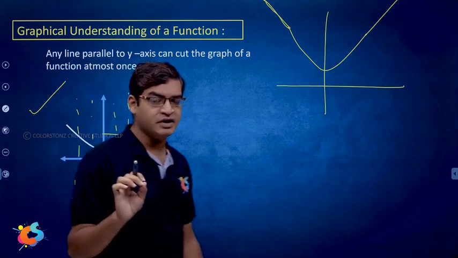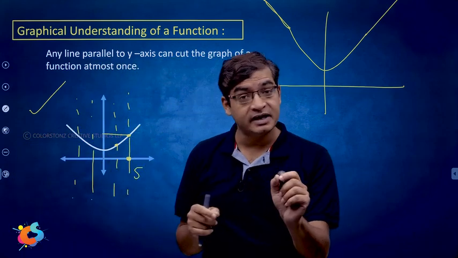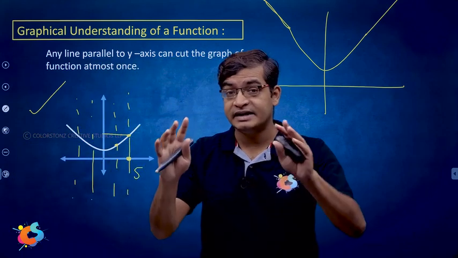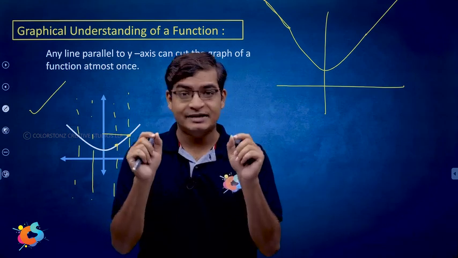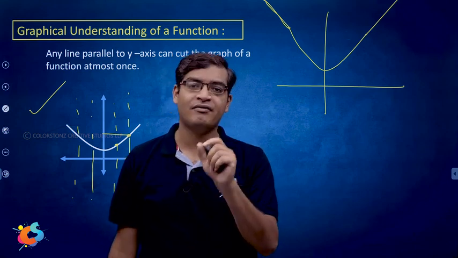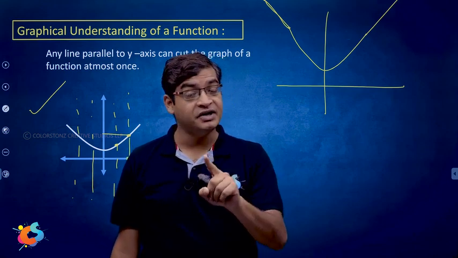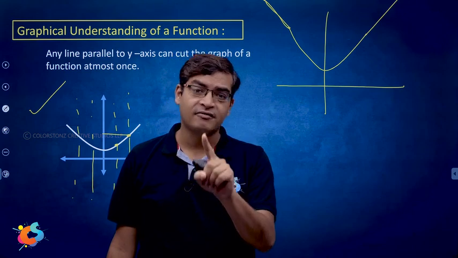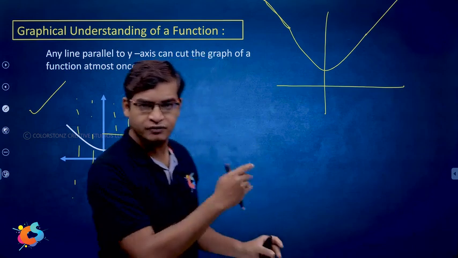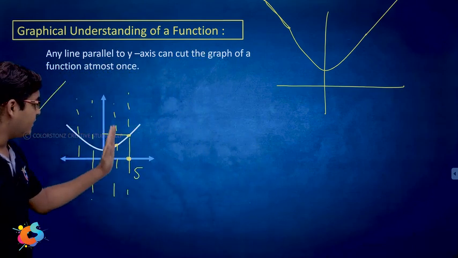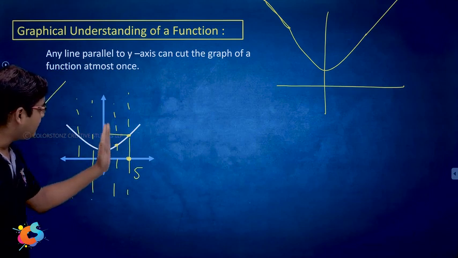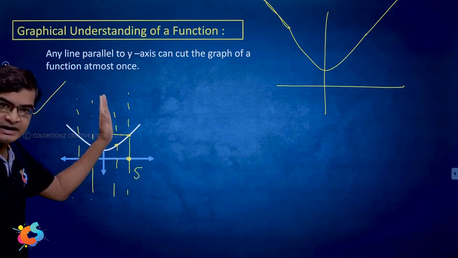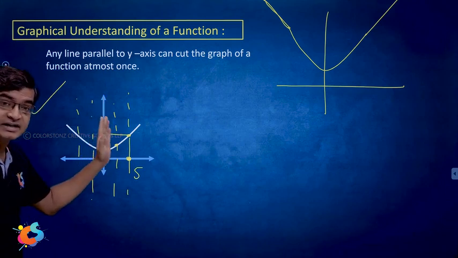We are checking the same thing as before in the mathematical example. We have seen f of x is equal to 2x plus 1. There also, there was one question. Is this a function? How did we check? Every element of the domain, is it having one and only one image? Here also we are doing the same thing. Every element means wherever you take the x value, how many places is the graph cutting the line?